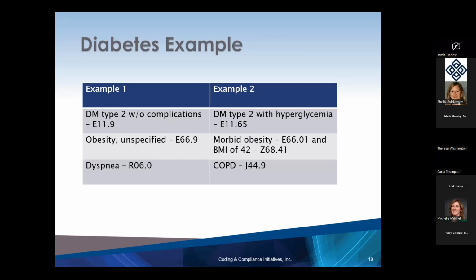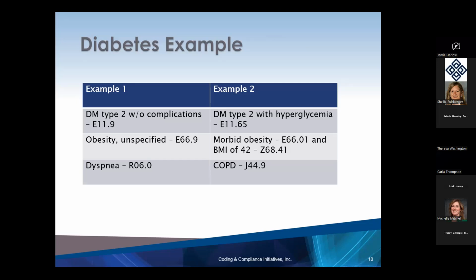However, in example 2, it might be your actual patient, but we didn't document to the highest level of specificity. And we see this often when actually the patient is not without complications. Their hemoglobin A1C indicates they've got hyperglycemia. So documenting diabetes with hyperglycemia.